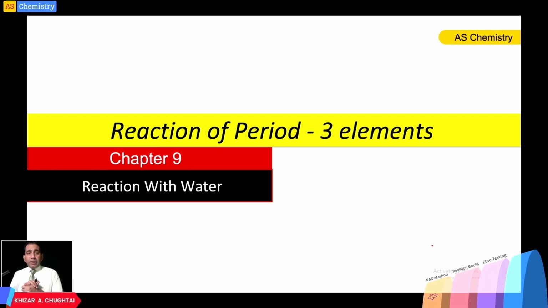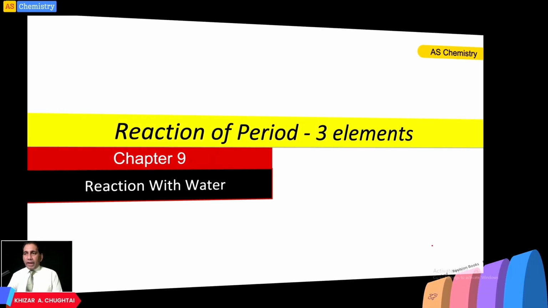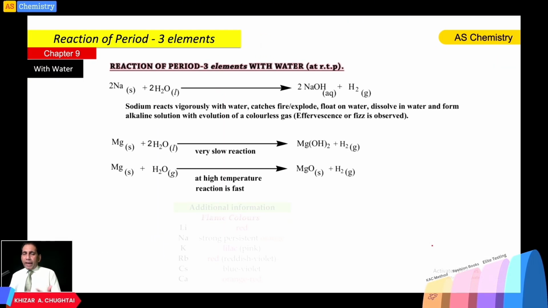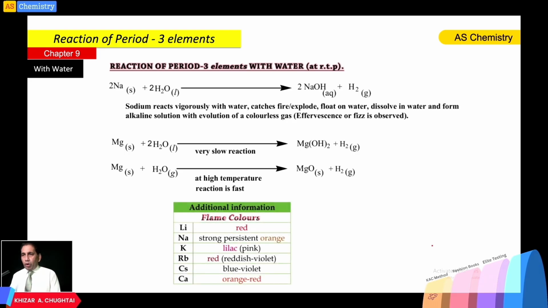Now, the period 3 elements react with water as well. Only 2 major elements are supposed to react with water. Number 1, sodium. Sodium reacts very vigorously with water. It catches fire, explodes, floats on the water, dissolves into the water, forms an alkaline solution, and there is formation of a colorless gas, that is hydrogen basically.